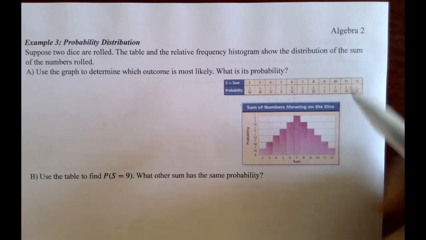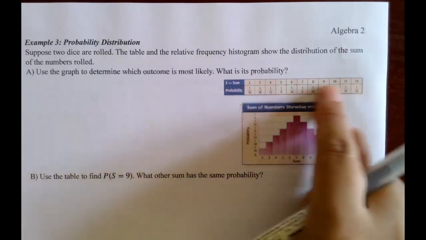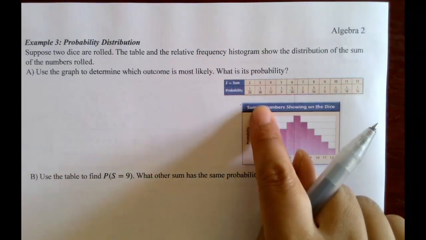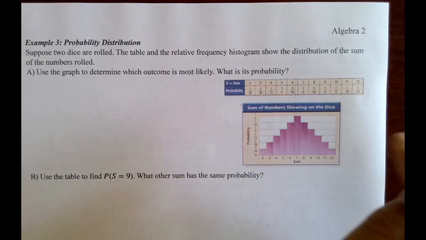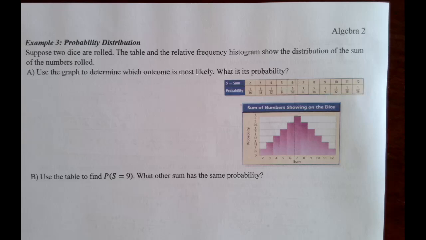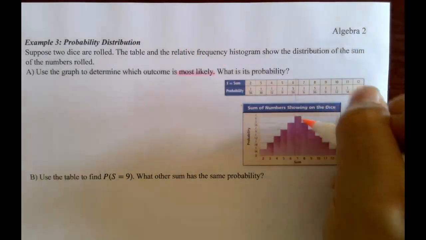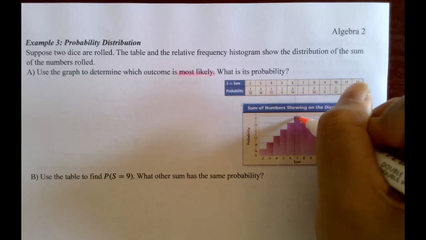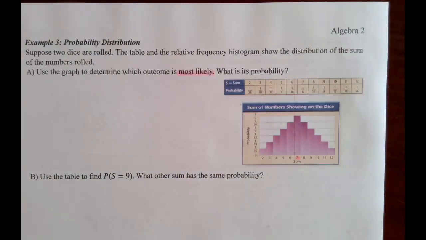So this is the probability distribution, and then they just graphed it by what the chances are. If you look, our highest one is right here, this bar here, and that goes with 7.